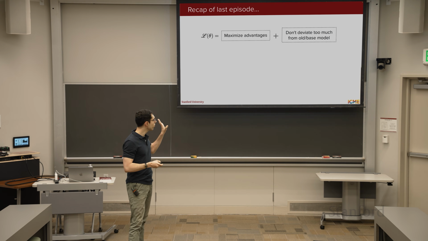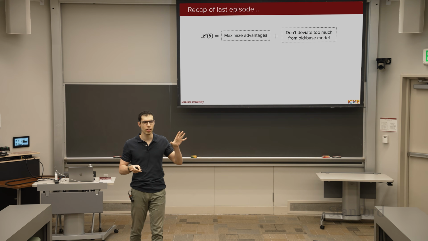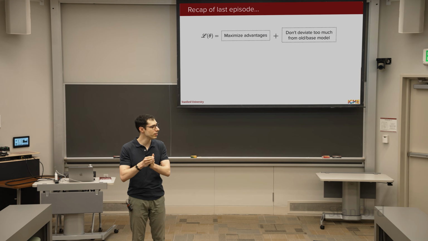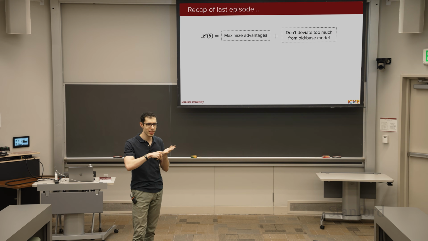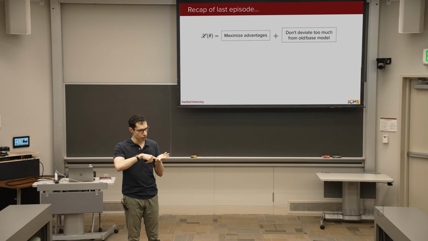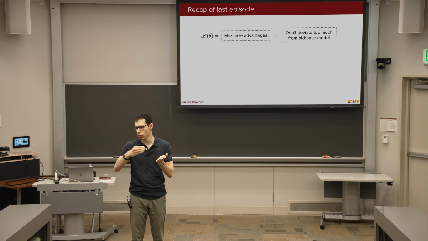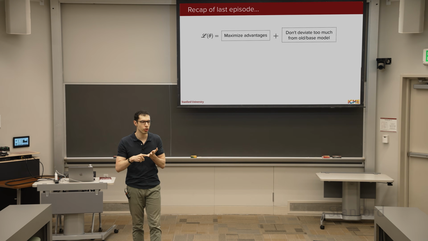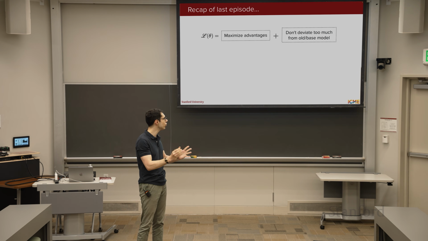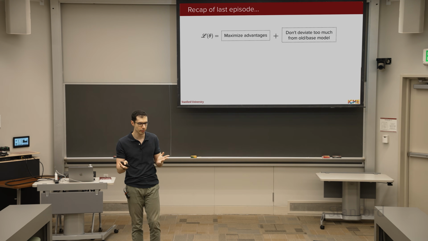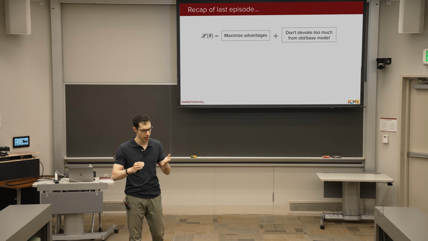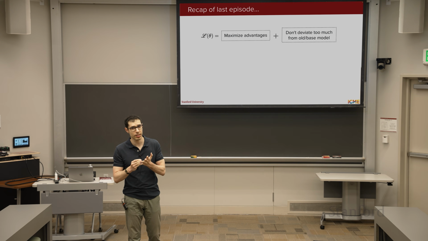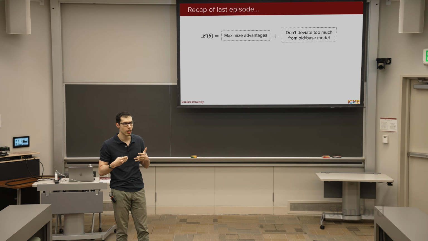But we also saw another part, which was that we don't want our model to deviate too much from the previous iteration. So we don't want the model to change too much from iteration to iteration. But we also don't want our model to change too much compared to our initial model, like our base model. And here it's the SFT model. The reason why we don't want it to change too much is because our model has already learned a lot.